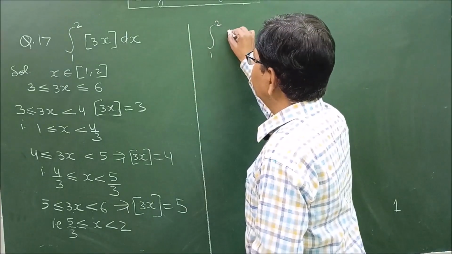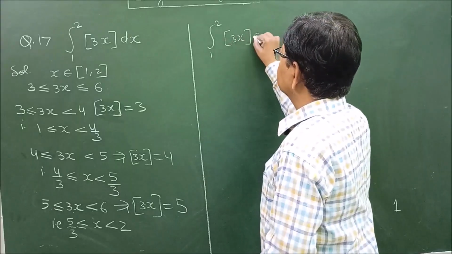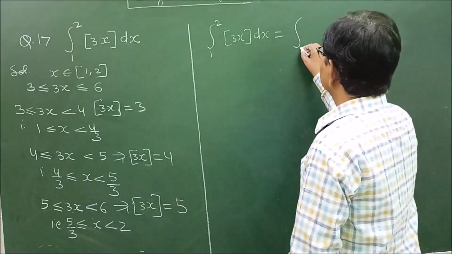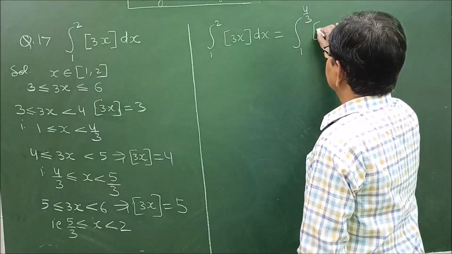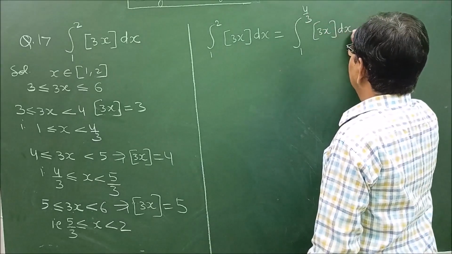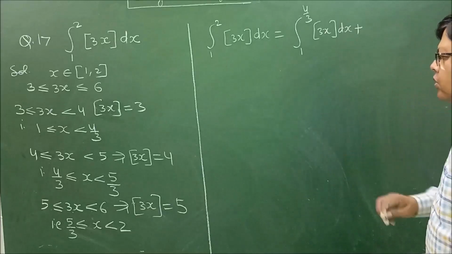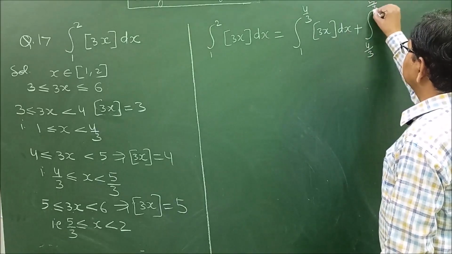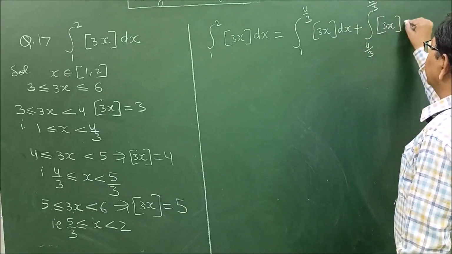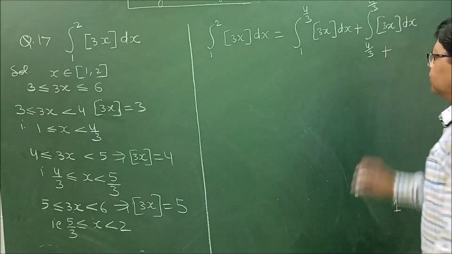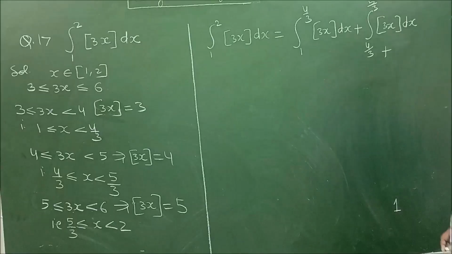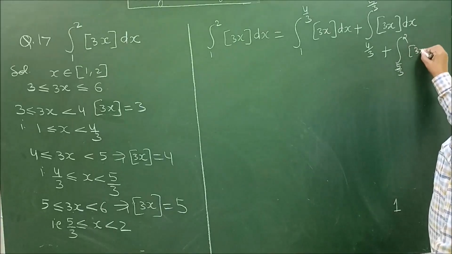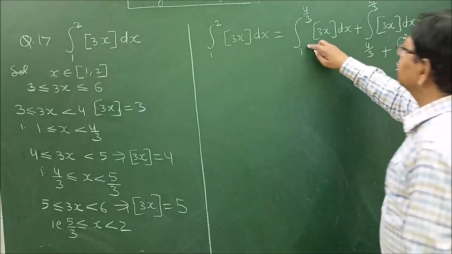The integral from 1 to 2 of greatest integer 3x dx can be split as 1 to 4 upon 3 greatest integer 3x dx plus 4 upon 3 to 5 upon 3 greatest integer 3x dx plus 5 upon 3 to 2 greatest integer 3x dx.